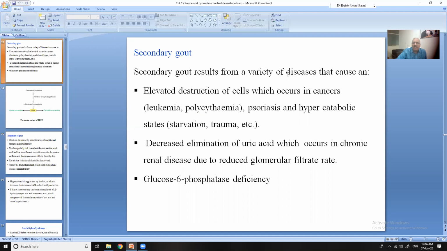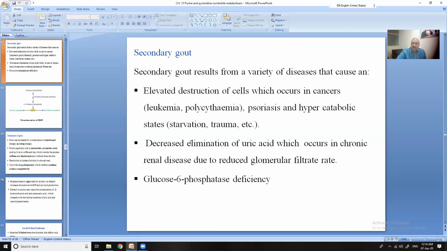Secondary gout results from a variety of diseases that cause elevated destruction of cells, which occurs in cancers. In cancers, you know, there is uncontrolled production of cells. So in leukemia, polycythemia, psoriasis, and in hypercatabolic states, starvation, trauma, in all of these the destruction of cells is becoming more.